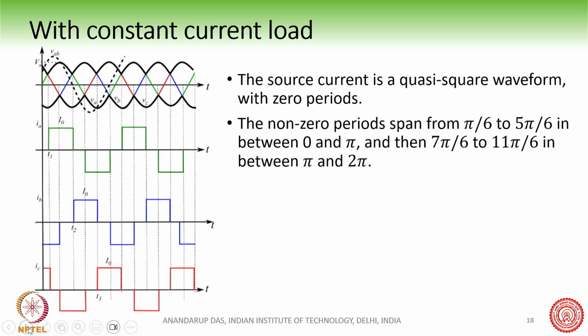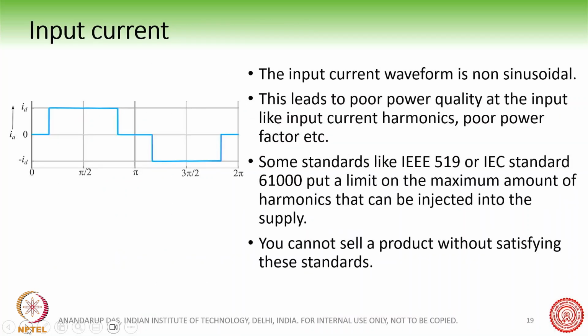The grid does not like this kind of quasi square waveform. It is highly non-sinusoidal and will lead to very poor power quality, with a lot of input current harmonics and poor power factor. There are standards like IEEE 519 or IEC 61000.